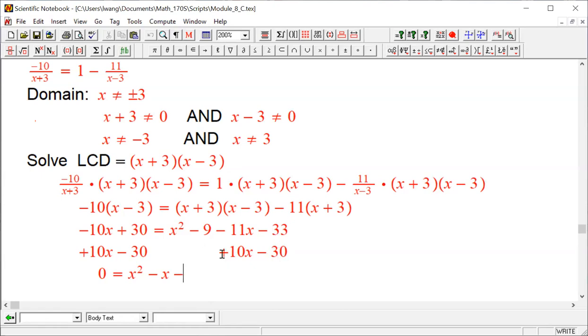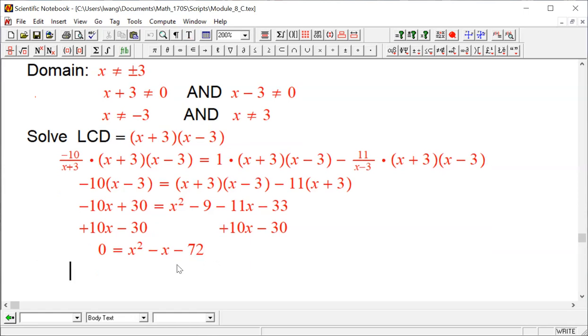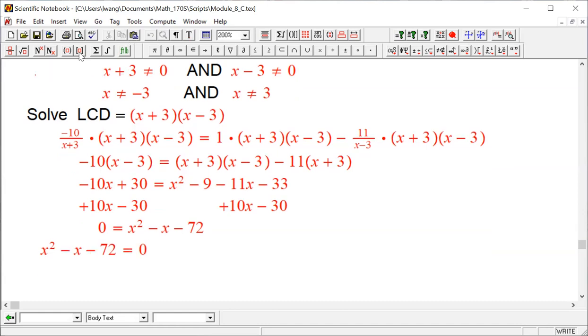Negative 63 minus 9 is negative 72. And if we switch the side, which you don't have to, we're going to have that equals 0.